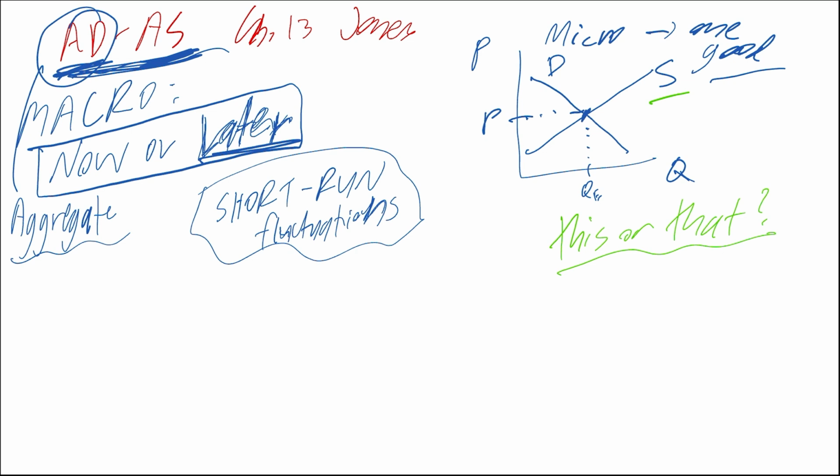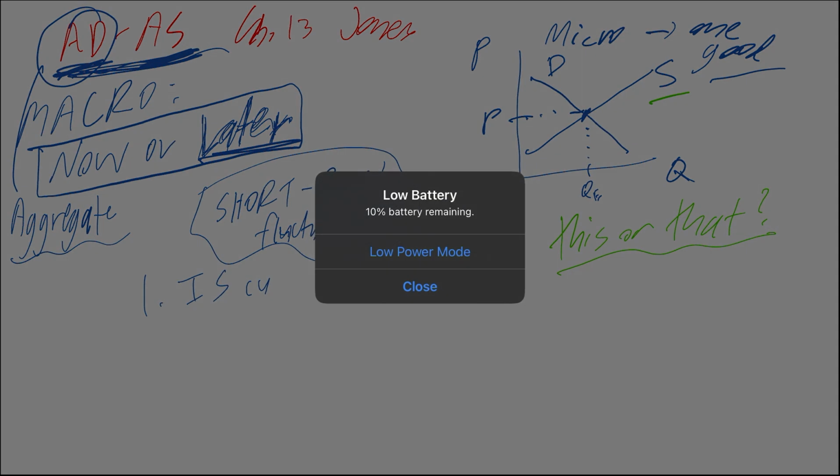And so short-run fluctuations, it's really about a few key things here. And so if we take a look at our three equations to start off this chapter, that's a summary of our short-run model. All right, so our first equation is going to be what we call the IS curve.